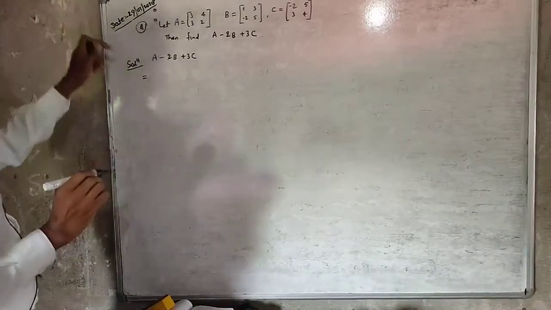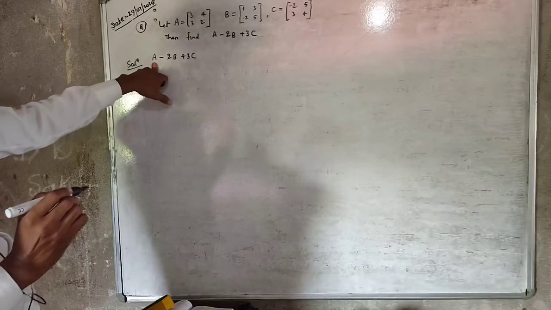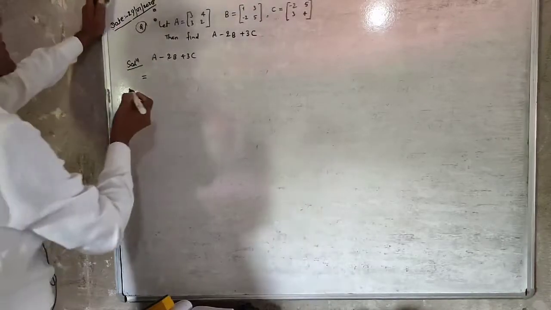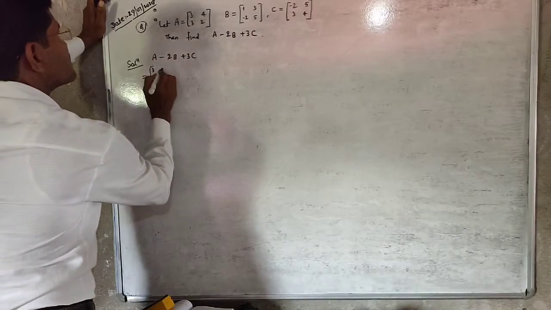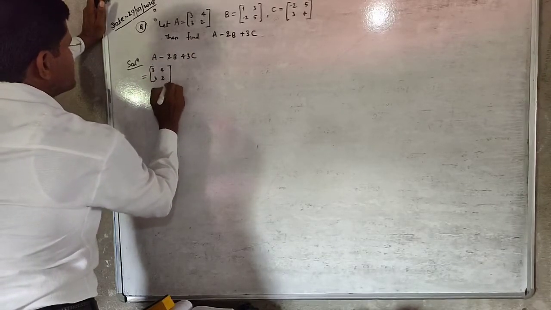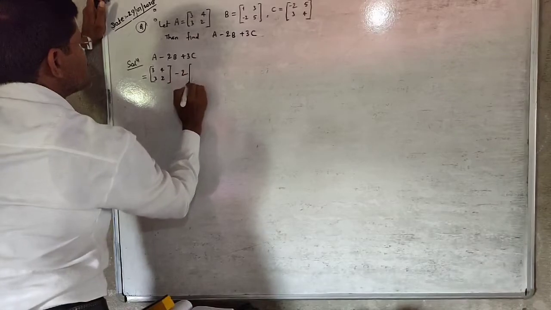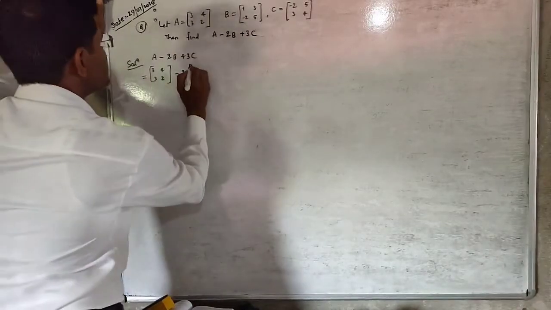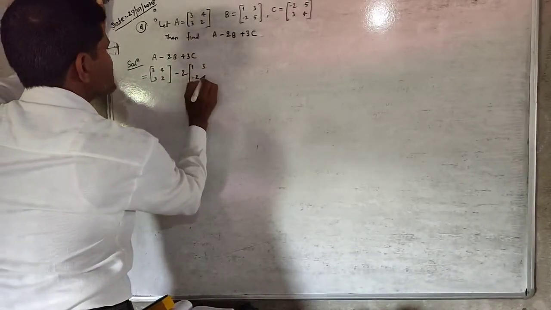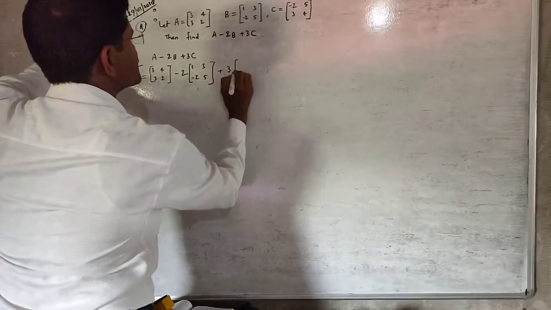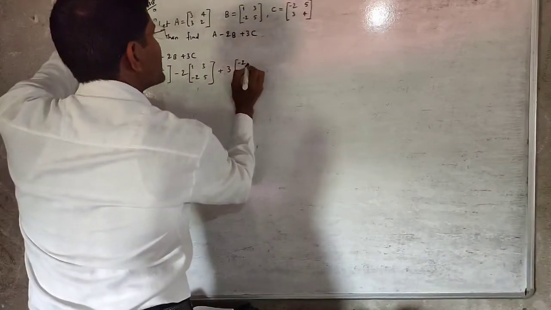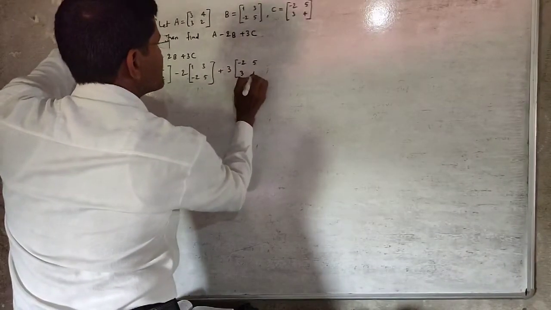We can write the value of matrix A at the place of A: the matrix A is [3, 4; 3, 2] minus 2 times matrix B [1, 3; minus 2, 5] plus 3 times matrix C [minus 2, 5; 3, 4].